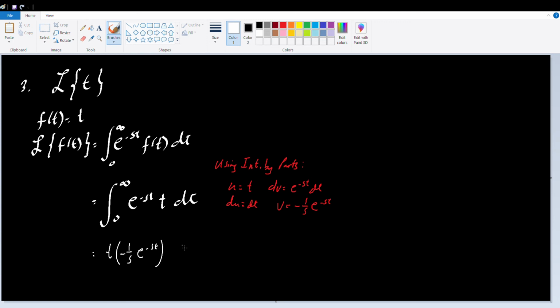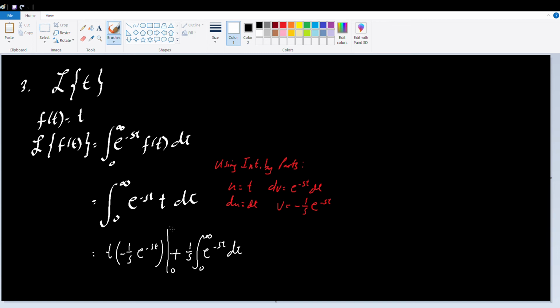Okay, so the integral of u dv is uv, that is t times negative 1 over s e to the negative st, minus the integral of negative... So it becomes plus 1 over s integral of e to the negative st dt from 0 to infinity.